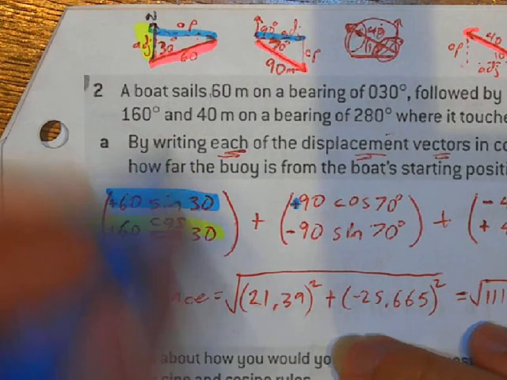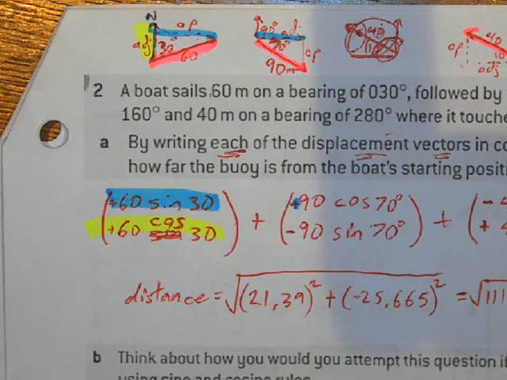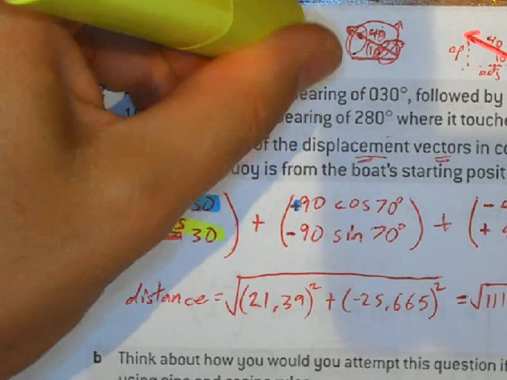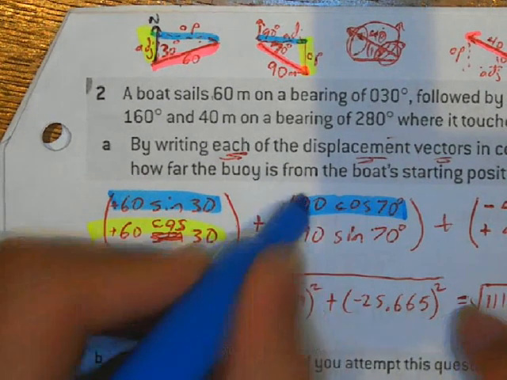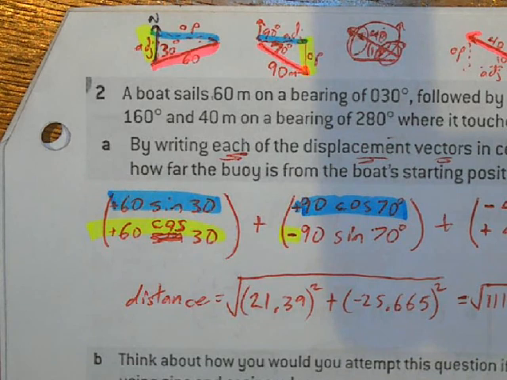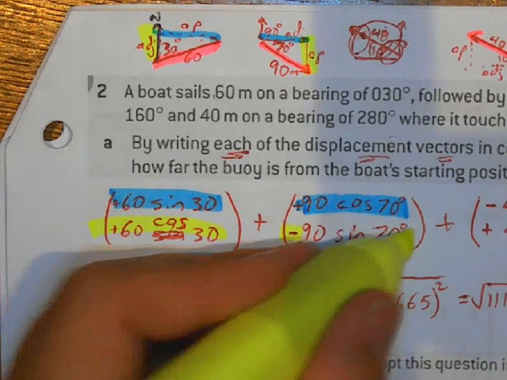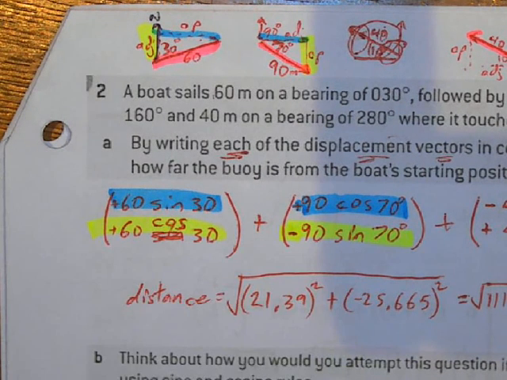And in the y direction, it's going down. So since it's going down, this is going to be negative. Okay. I use my triangles again, and I've got cosine 70 and sine 70. You might want to hit pause to think how I got these values.